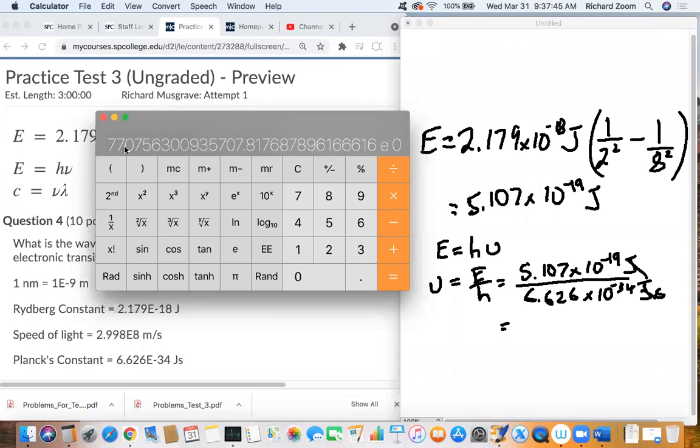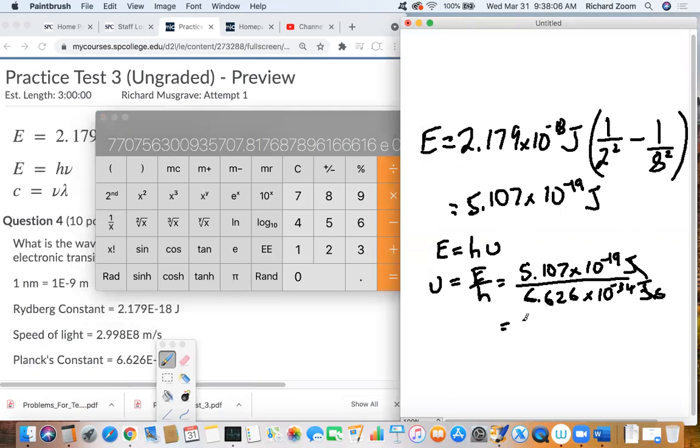Anyways, in this case I'm going to have to count backwards to get to the decimal here. 1, 2, 3, 4, 5, 6, 7, 8, 9, 10, 11, 12, 13, 14, 15. So it looks like it's 7.7 times 10 to the 15th.